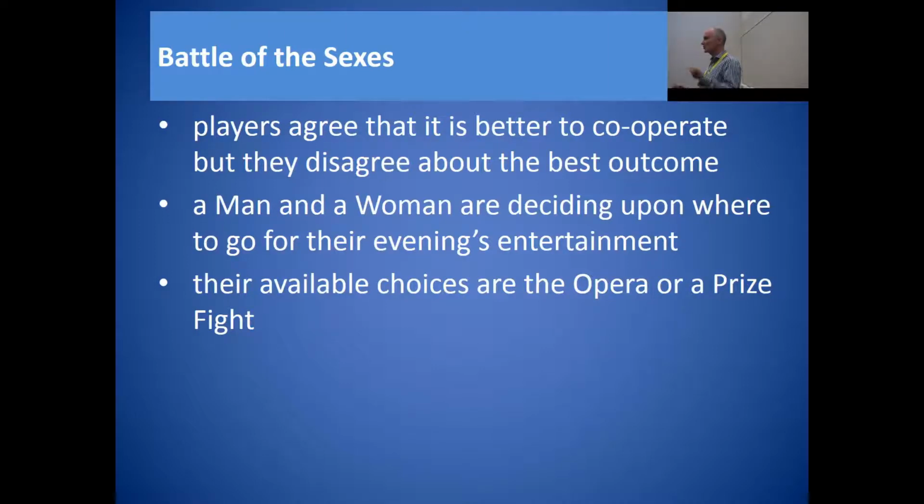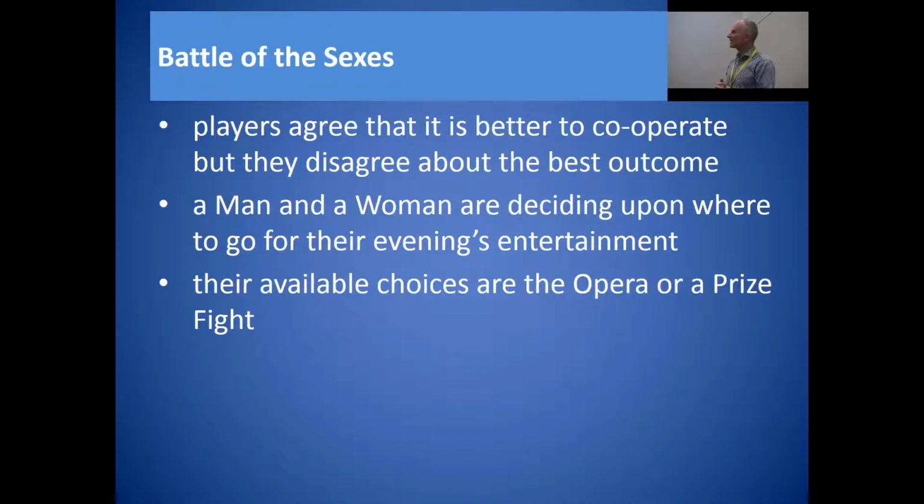Our two players are the man and the woman, and each chooses the venue they would like to go to. Is it the opera, or is it the prize fight? So that's the basic game that we've got. We've got the players, we've got the options.